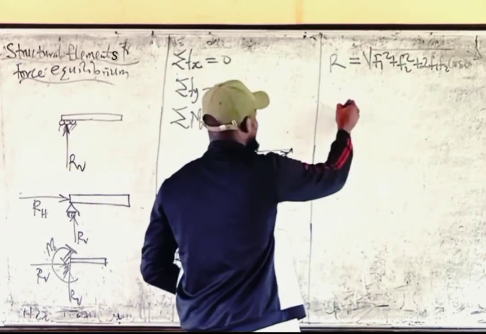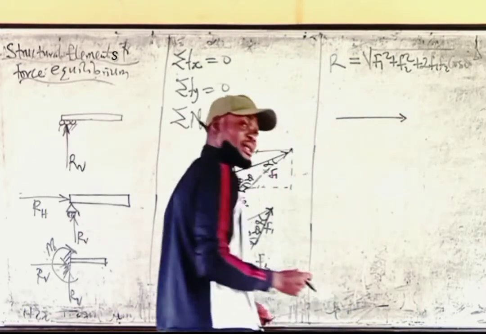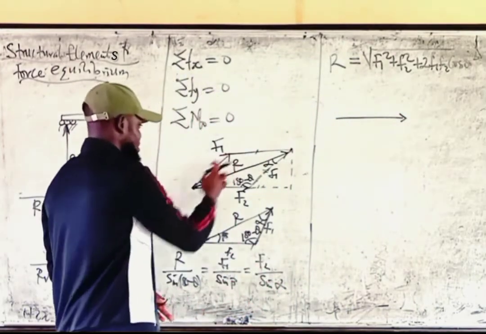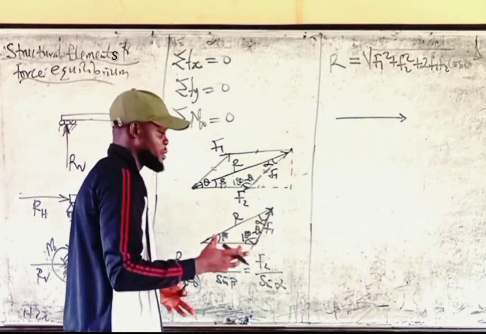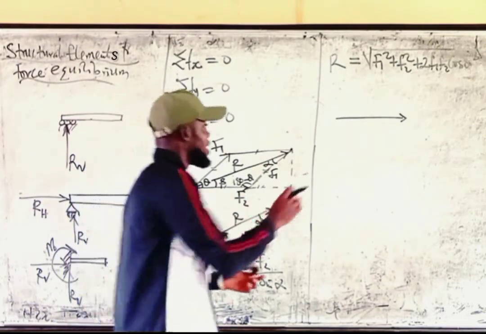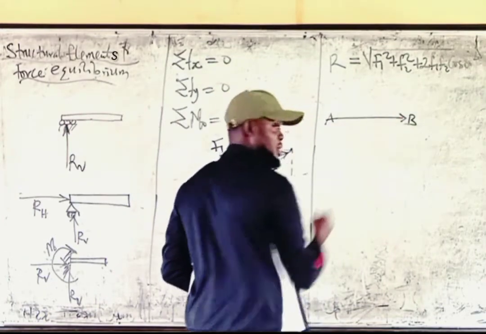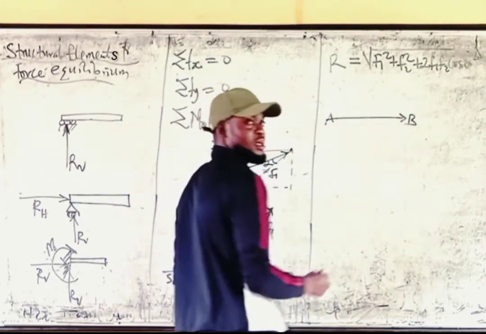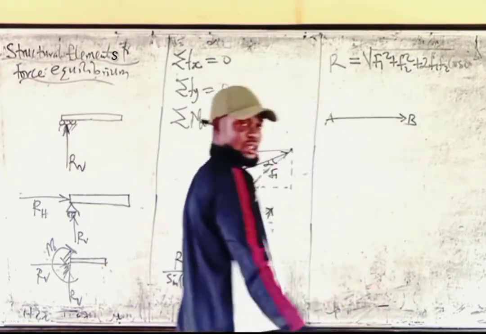Remember, you represent a vector with a straight line and an arrowhead. As you can see, we have a straight line and an arrowhead. The line denotes the magnitude. If I call this one A and this one B, I'll call it vector AB, and it is going from A to B, that's the direction.